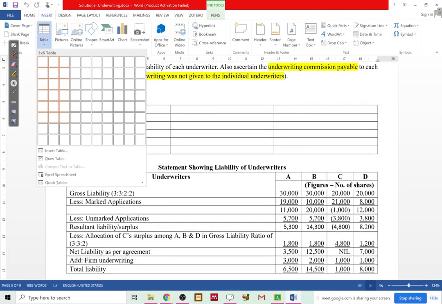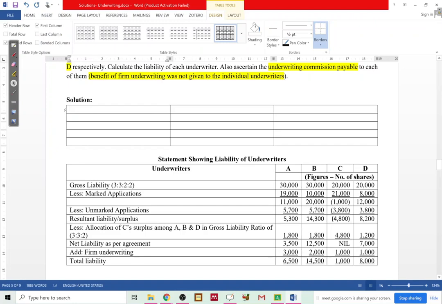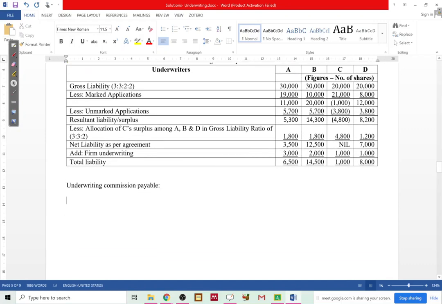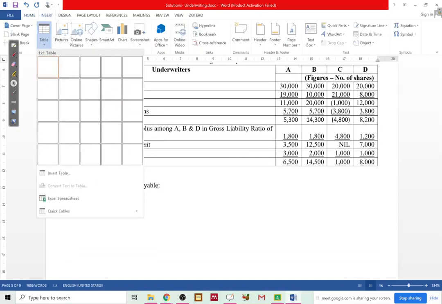I'll do a small table here to calculate our underwriting commission payable. It's like a working note, but it's part of the solution because they have asked you to calculate it.